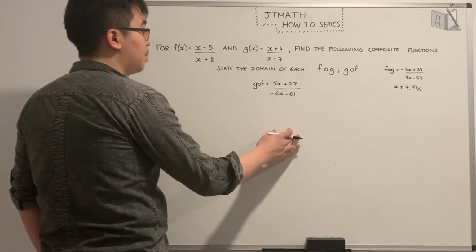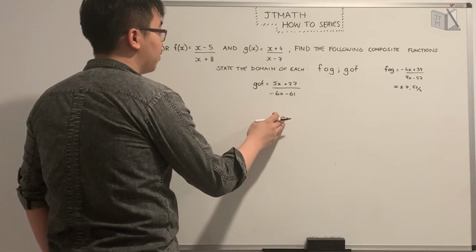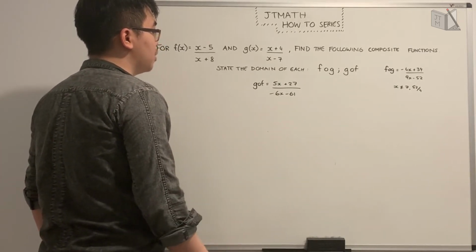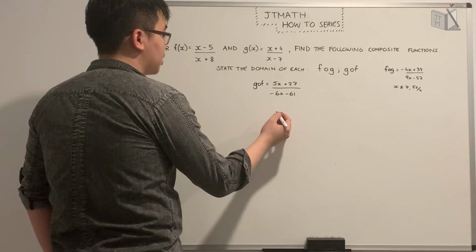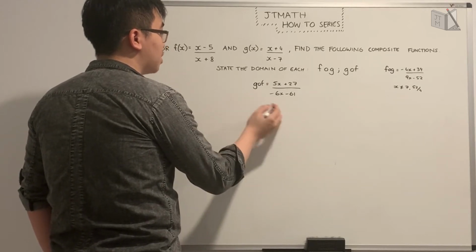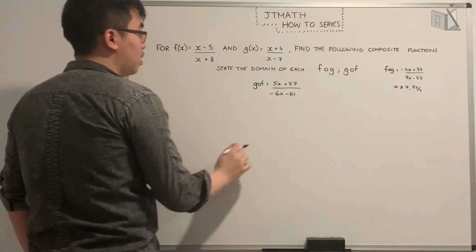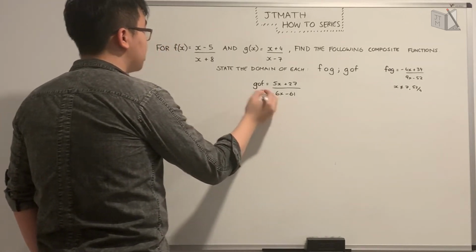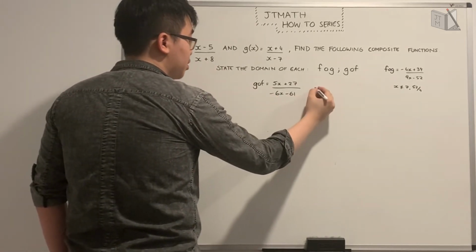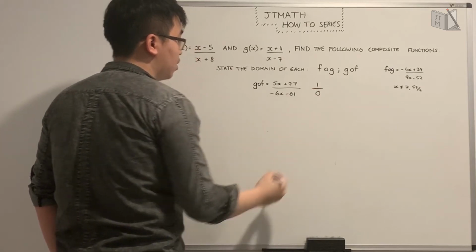So just like last time, the domain of this composite function is going to include all the values of x that are defined for this composite function and also the f of x function. And once again, since we've got two division symbols, we're looking to avoid division by 0.